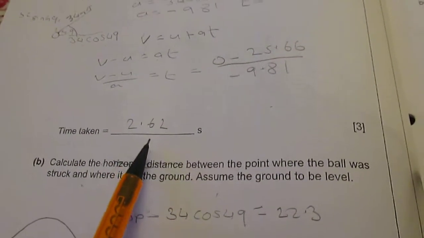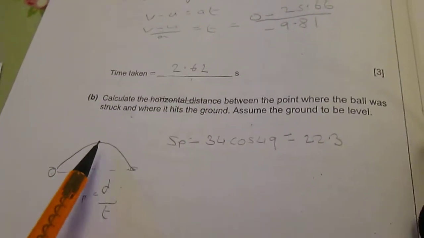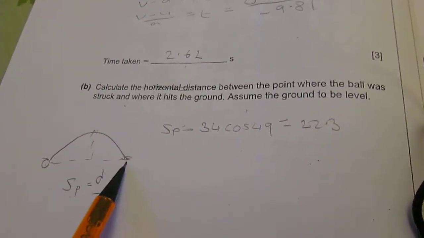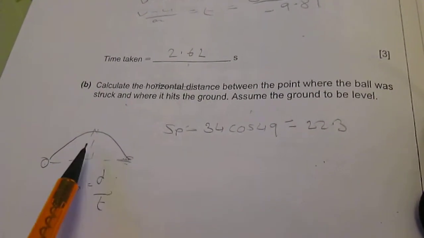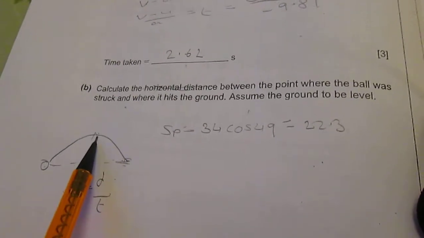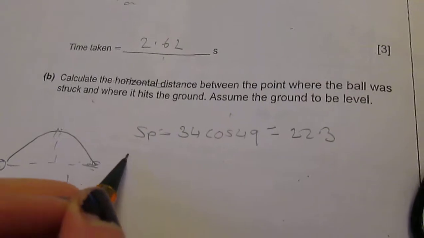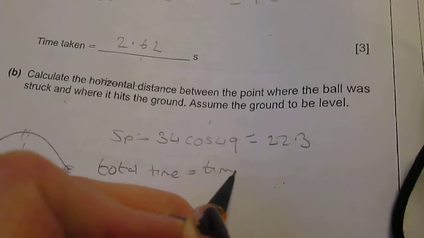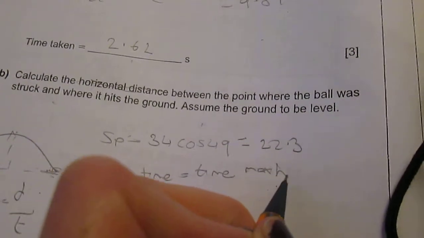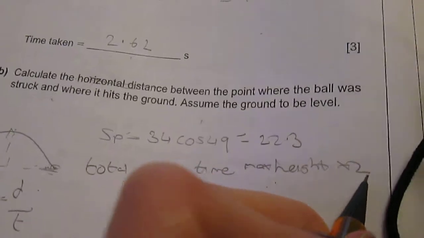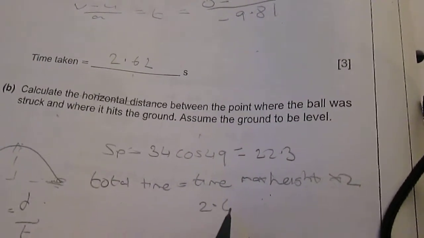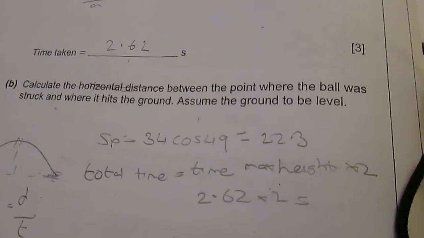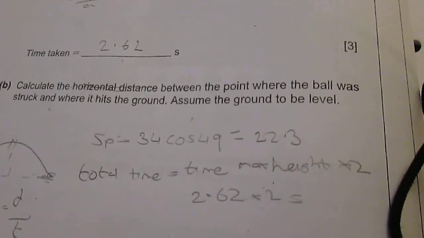We know that 2.62 is the time to maximum height. Assuming that the golf ball lands at the same level it was hit at, we can find the total time for the journey by taking the time to maximum height multiplied by 2.